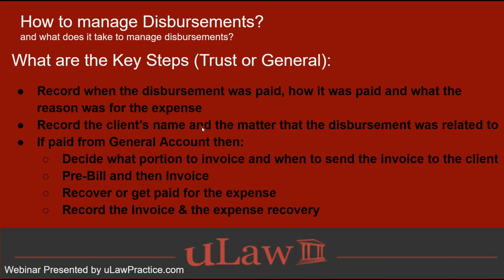The second route, of course, is, let's say you do have a retainer, but you're still going to pay for these disbursements out of your general account, then the pathway there is for you to invoice, but then don't wait for the client to pay you. You can actually do a trust transfer to recover that expense.